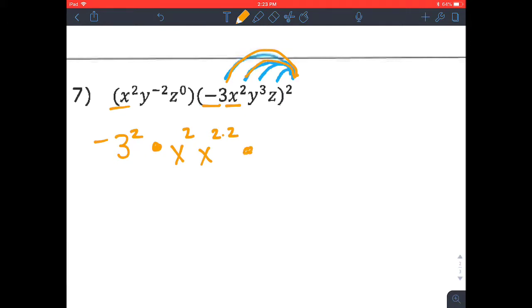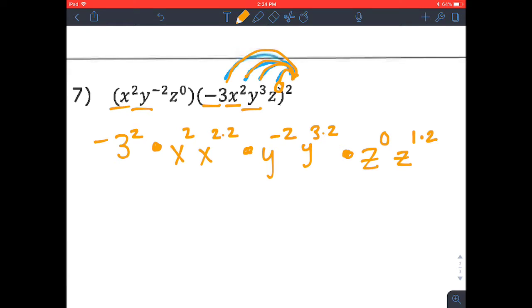And then I've got my y values, y to the negative second right there, and then y to the third power times 2, because of that multiplying out. And then I've got z to the 0 power, and z to the, ooh, there's no exponent there. What happens if I don't have an exponent? Hopefully you just said that it's really a 1. So this is 1 times 2.